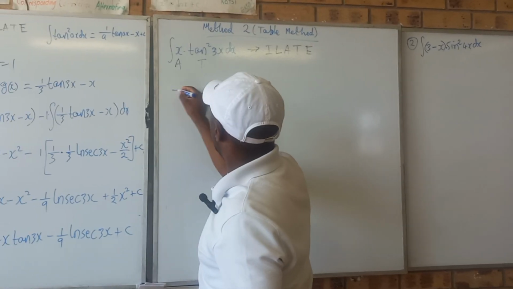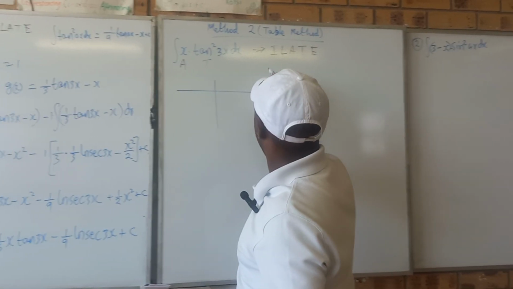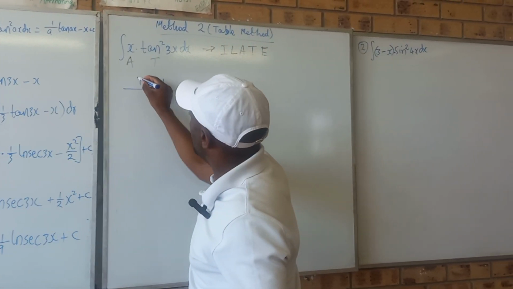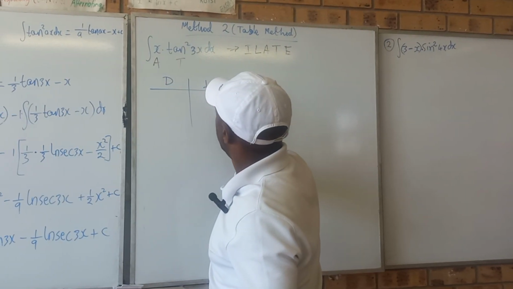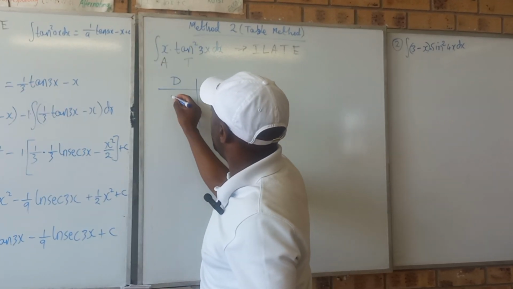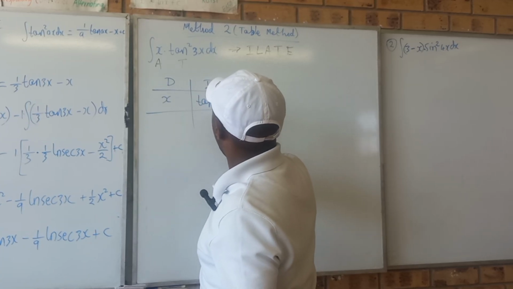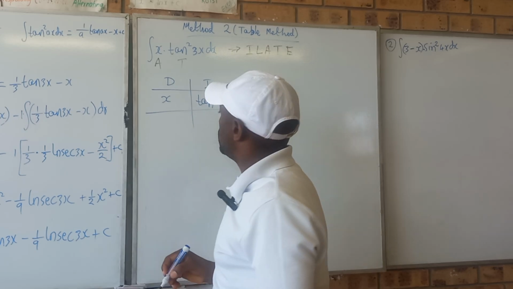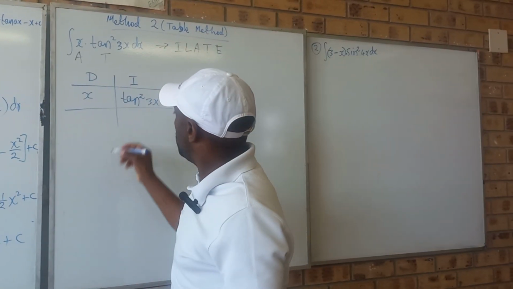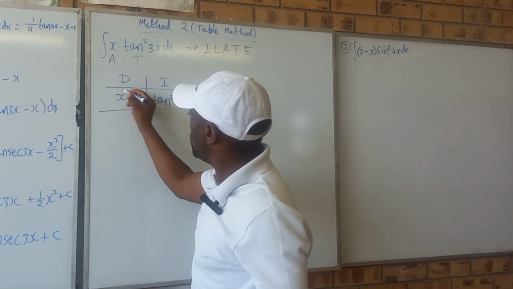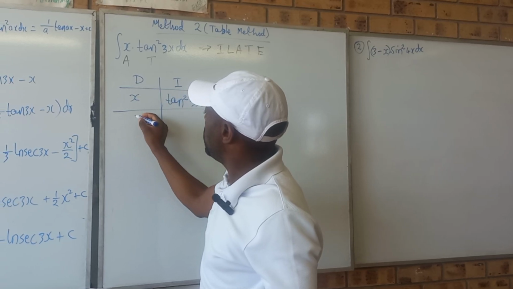With the tabular method, whatever comes first in your ILATE goes under differentiation, then the other item goes under integration. So here our algebra comes first, therefore our tan square 3x should follow. The algebra side tells you where you end. If I differentiate x, I'll get 1.